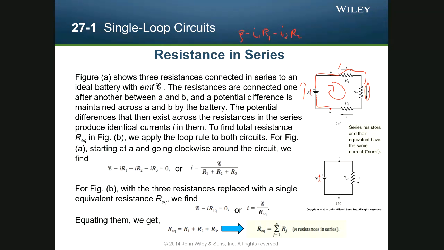Okay. And now we get here to R3. And you notice it's the same thing. We ask the same question. We get the same answer. We get I3 R3 equals 0. Okay? That's what the loop law says.